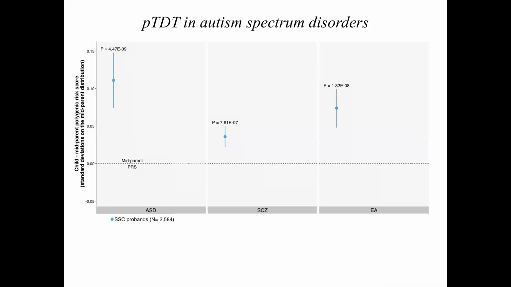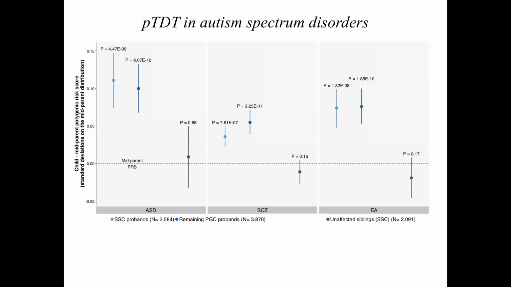On the other hand, the unaffected siblings in the Simons inherit the expected amount, i.e. no systematic deviation between the average polygenic risk of the parents and the polygenic risk of the offspring.